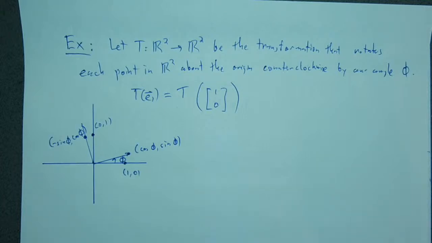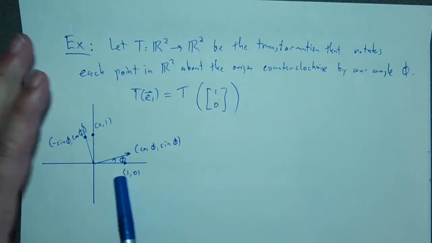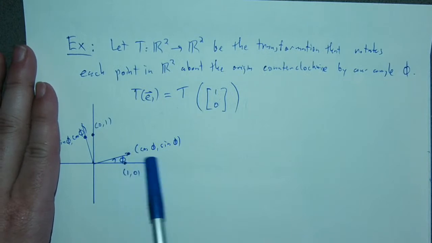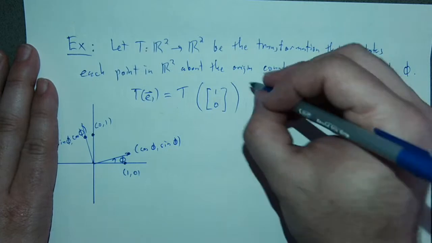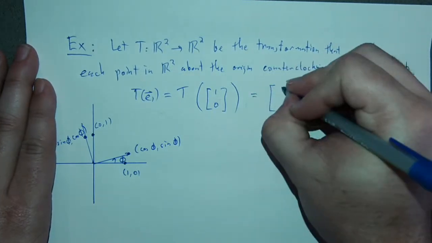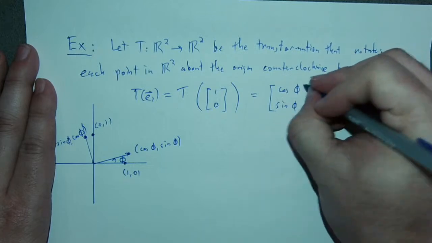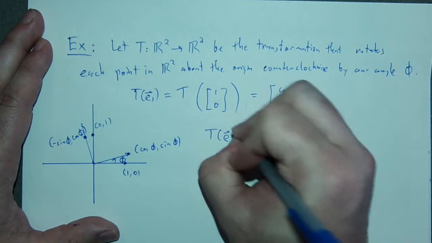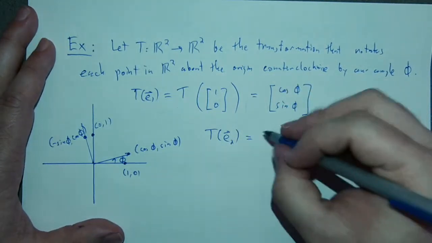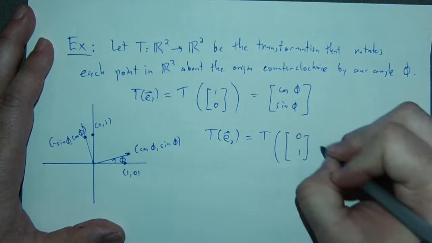Okay, so 1, 0 is going to rotate, since I'm rotating counterclockwise by my angle phi here, to cosine phi, sine phi. And T of e sub 2 is T applied to 0, 1.